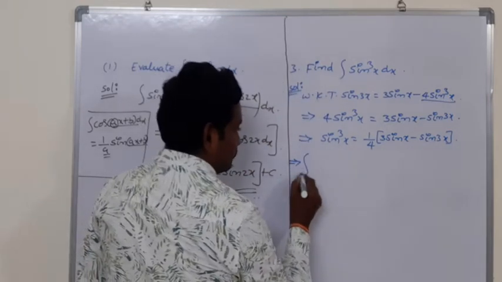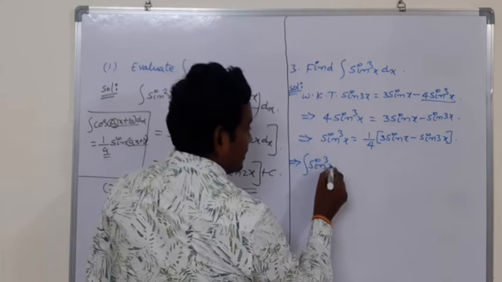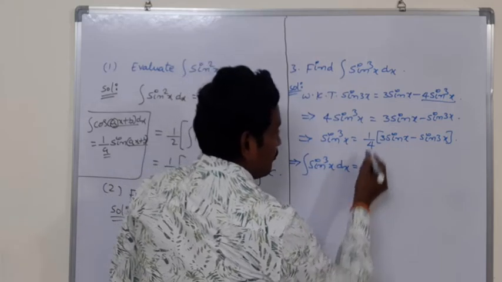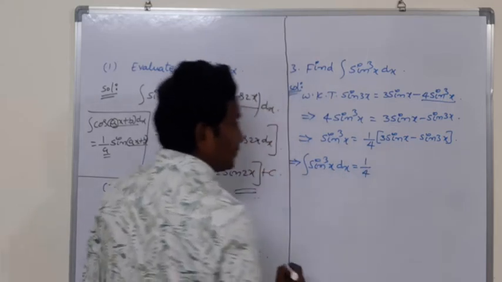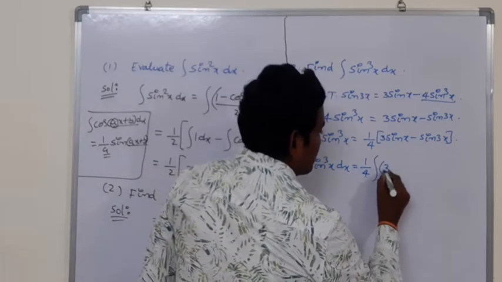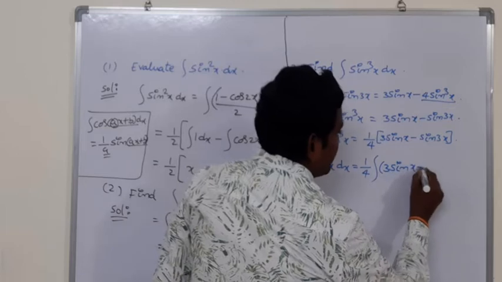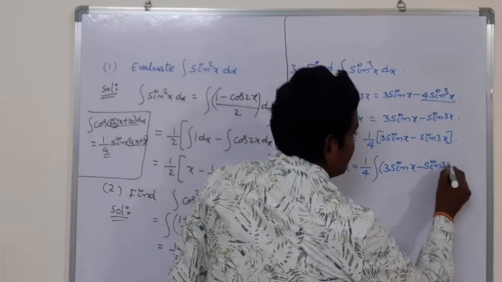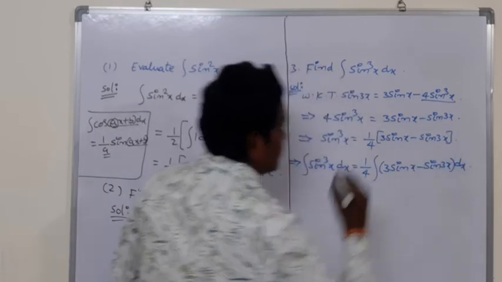Take the integration. We need the value of integration of sin cube x dx. 1 by 4 is the constant term, so please write it outside of the integration. Remaining terms are (3 sin x minus sin 3x) whole dx.